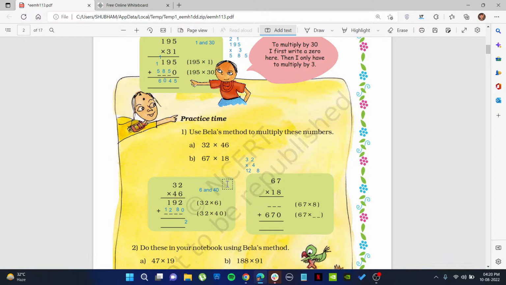If we add 9 with 8, we get 17. So we will be writing 7 here, and 1 will be regrouped to the next column. So 2 add 1 gives us 3, and 3 add another 1 gives us 4. So here it will be 4.